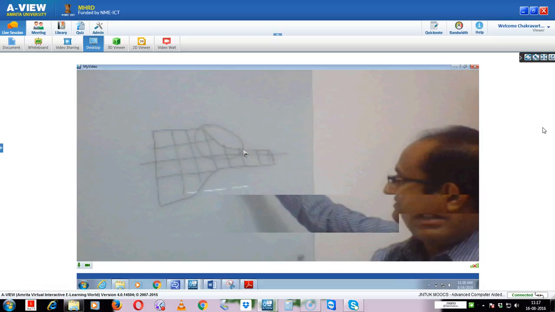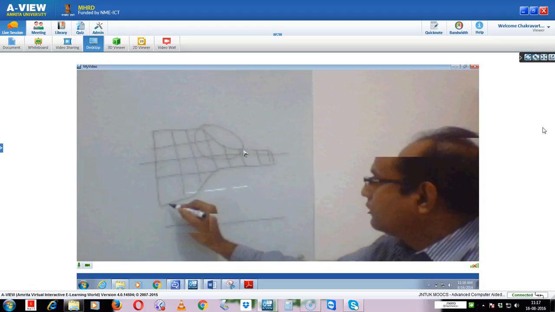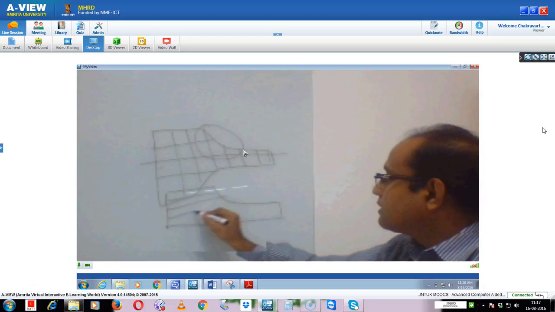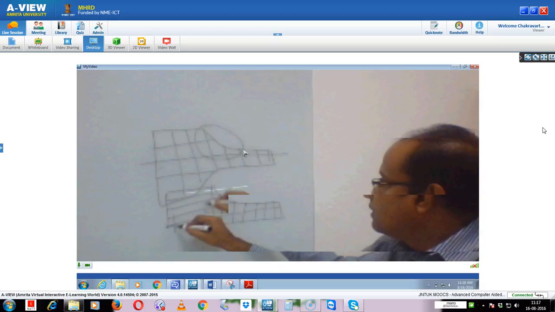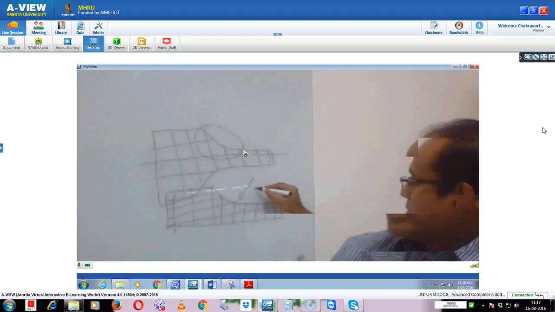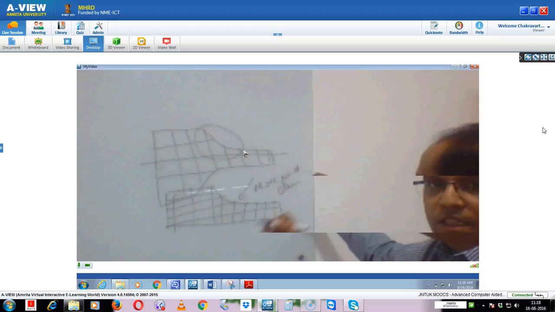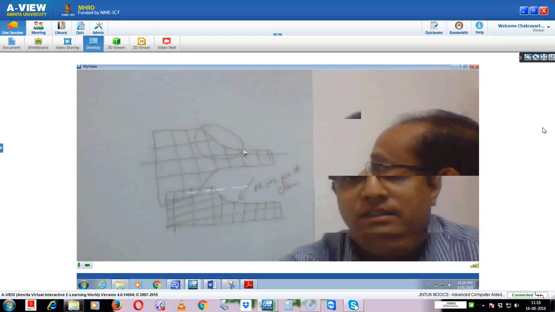So what we can do is take this model and put more elements here. This will have more convergence compared to this one. So it will allow us to put more elements, resulting in better convergence compared to the complete model.